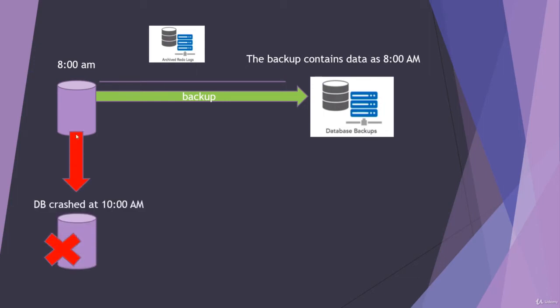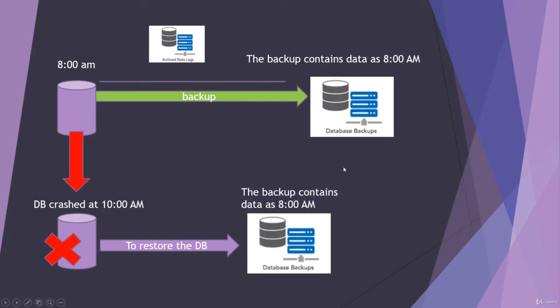Now, suppose that at 10 o'clock, my database crashed for some reason. I want to restore the database. How can I restore the database? It's very simple. To restore the database, I need the backup that I did, but this backup contains data as of 8 o'clock only.